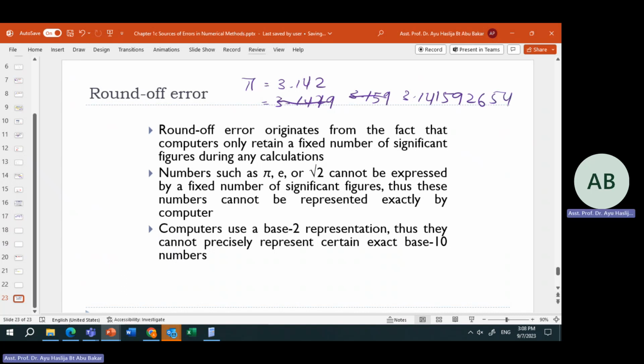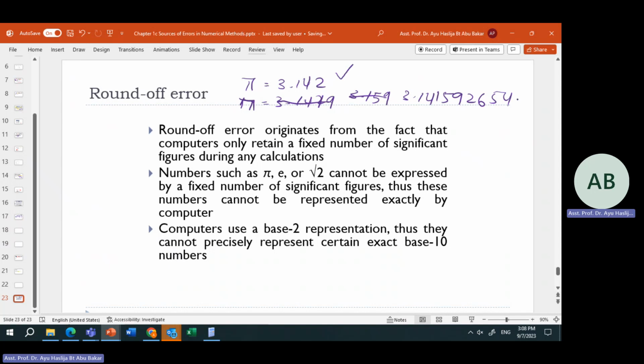Okay, this is from the calculator. So if you round off to 4 significant figures, it will be only 3.142. This is the general value that we always use in our calculation, right?